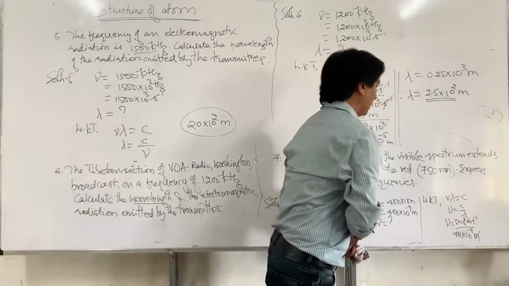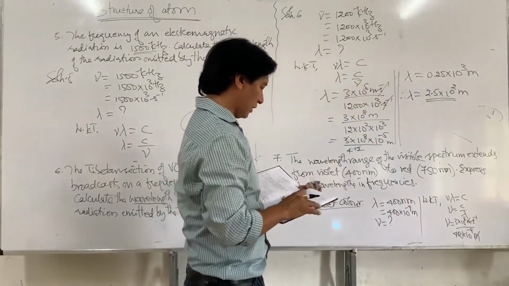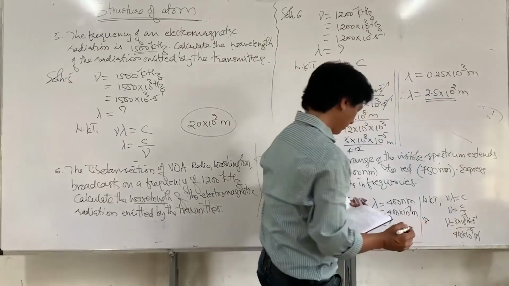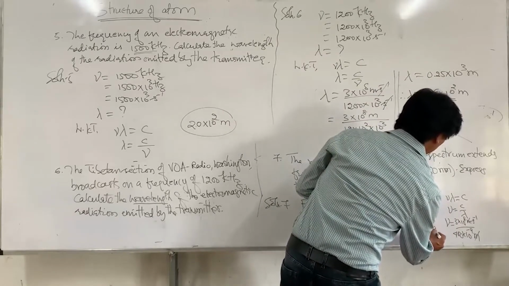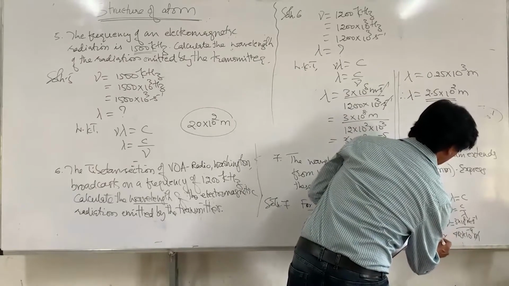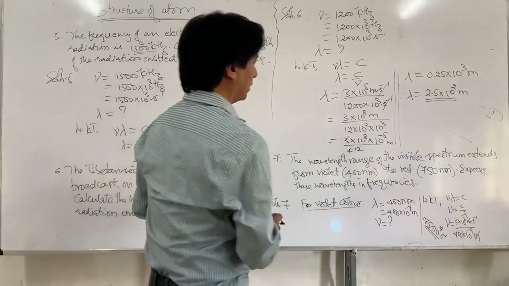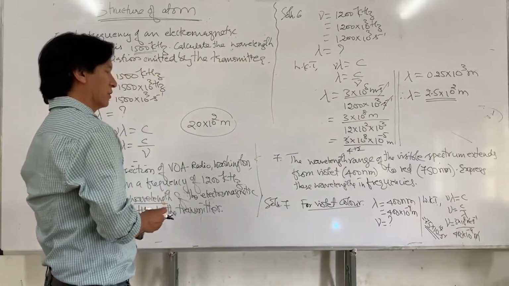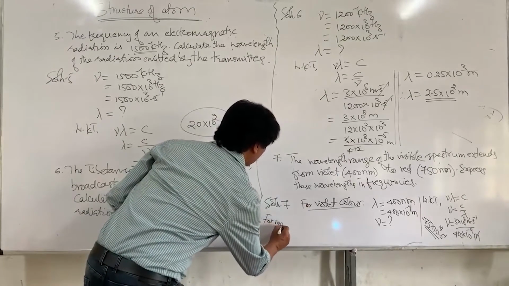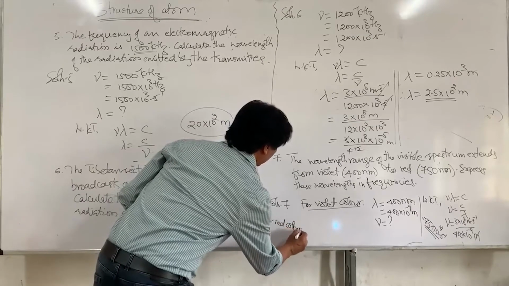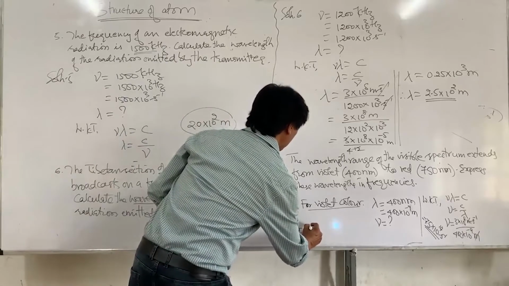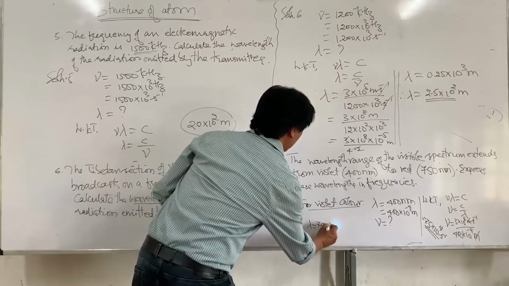On simplification, I'll just give the answers now. The answer here is 7.5 into 10 raised to the power 14 per sec. This is for the violet component of your visible light. And then for the red color component, you are given the wavelength to be 750 nanometers.